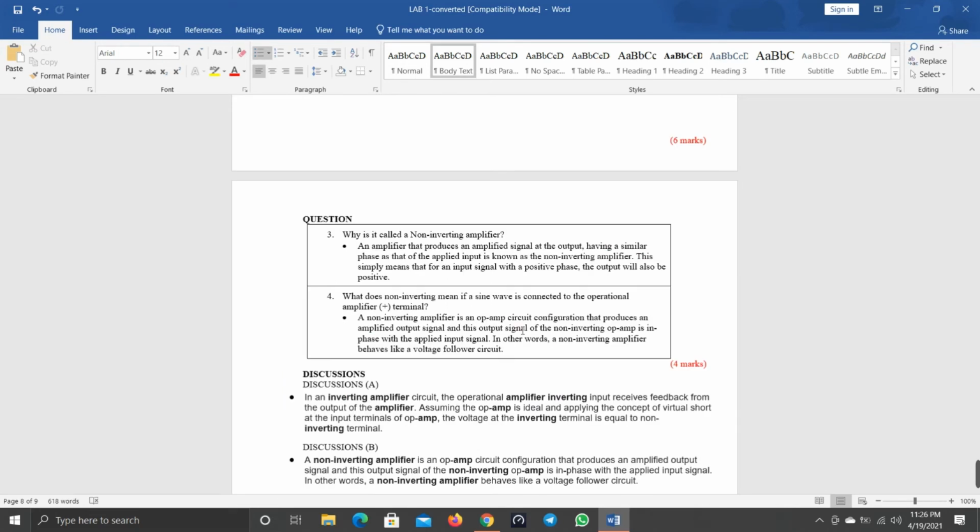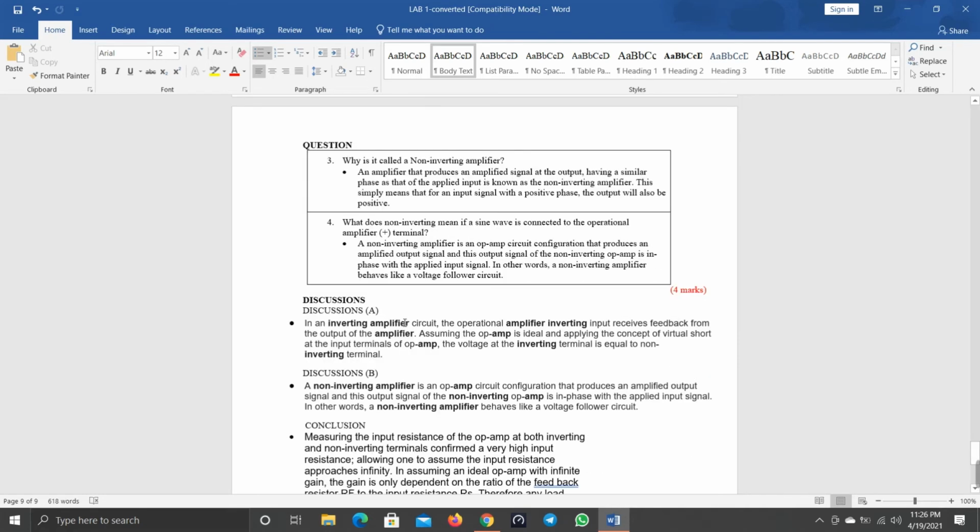This simply means that for an input signal with a positive phase, the output is also positive. The question for number 4: what does non-inverting mean if a sine wave is connected to the op-amp positive terminal? Okay, this is my answer.